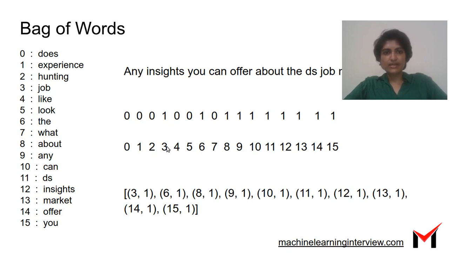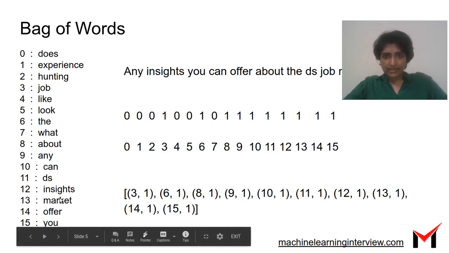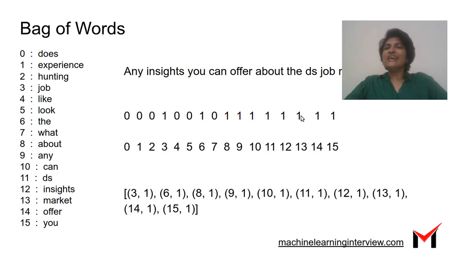But if you look at, let's say, 3, it has a 1, and 3 is job. So job is present in the sentence, so there is a 1 for job. Similarly, there is a 1 for market, which is 13. So basically you have a 1 if you have that word in the sentence, or a 0 otherwise.